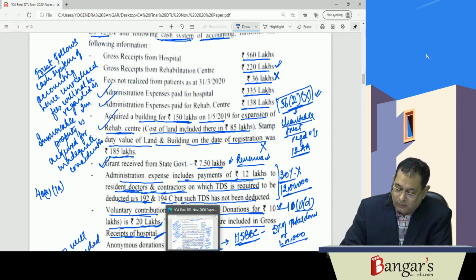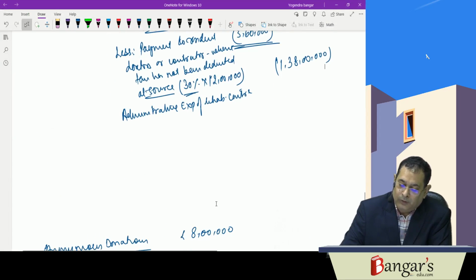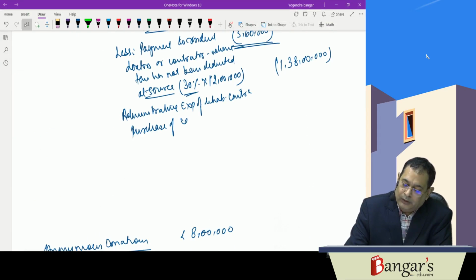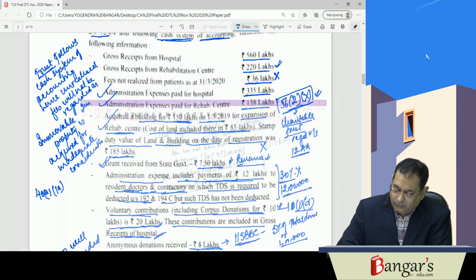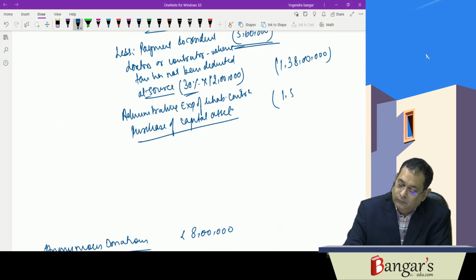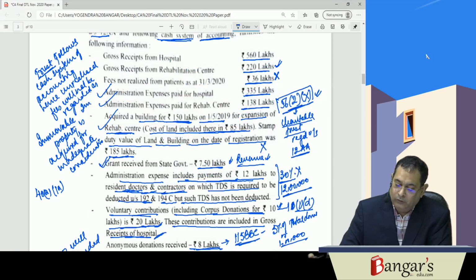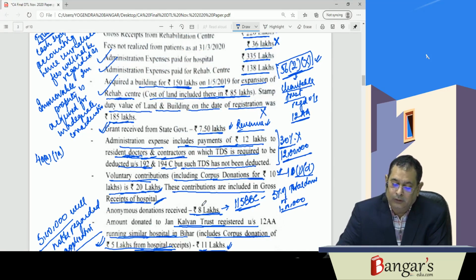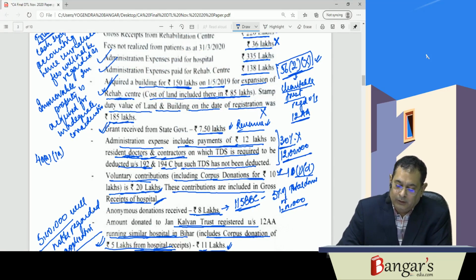Then purchase of immovable property, purchase of capital asset will be regarded as application. 1 lakh 50,000. Depreciation won't be deductible. We are treating the same as application. This has been considered.